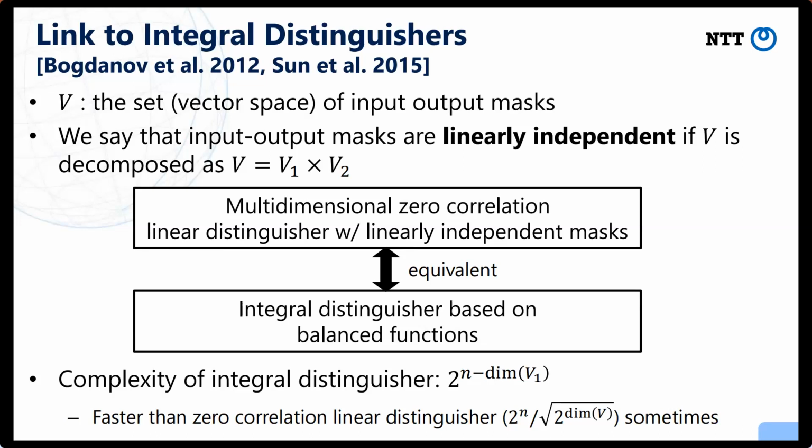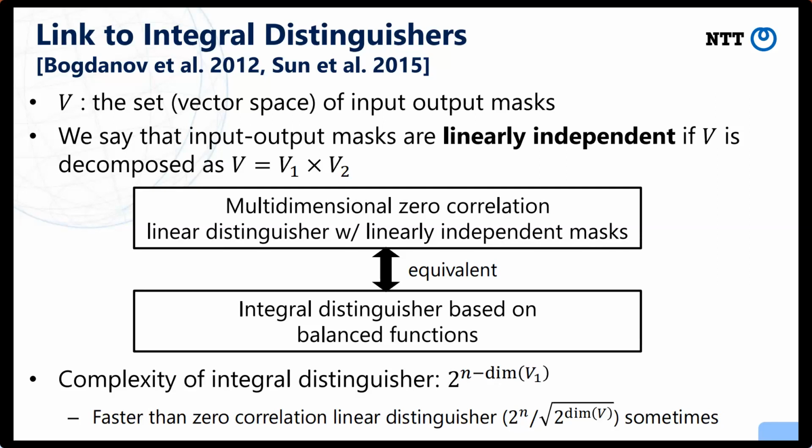We say that input and output masks are linearly independent if V is decomposed as the product like this. Here V1 is the set of input masks alpha, and V2 is the set of output linear masks beta. And multidimensional zero correlation linear distinguishers with linearly independent masks are equivalent to integral distinguishers based on balanced functions.